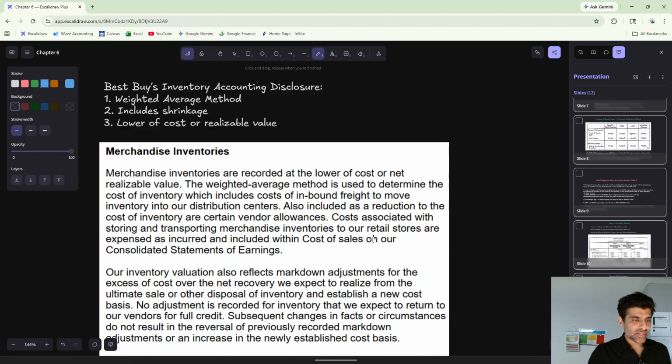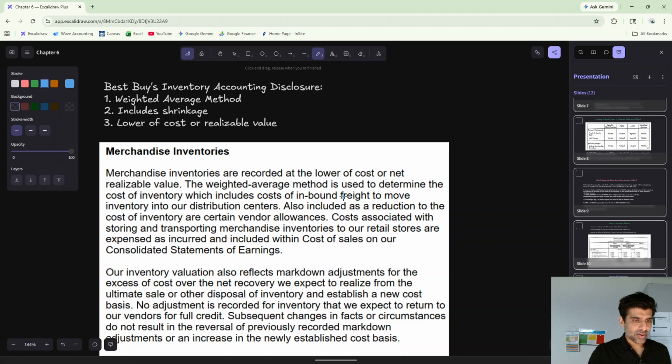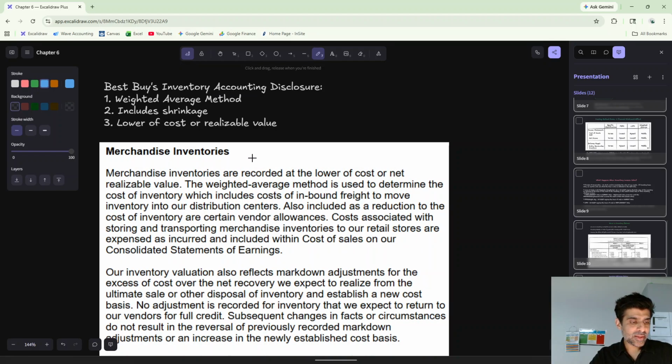Okay, so this is actually from Best Buy, from their annual report, and they're talking about their inventory accounting. Let's see what it says. They record their inventory at the lower of cost or net realizable value. Basically they're using the weighted average method.